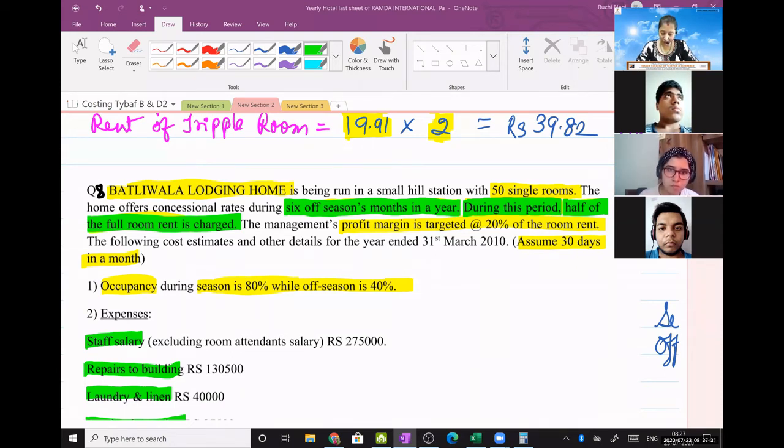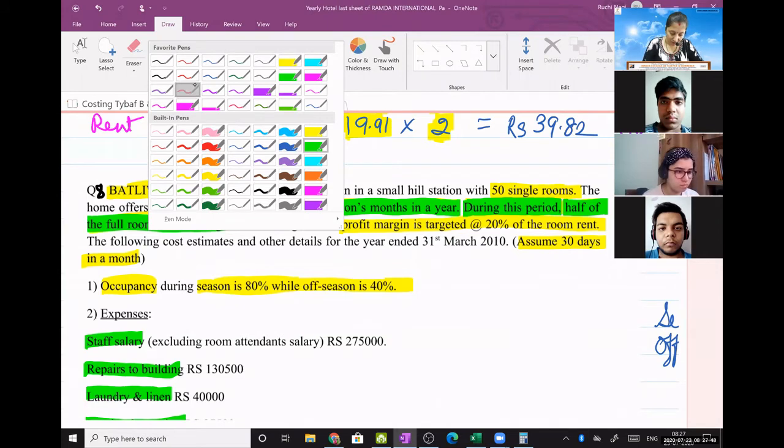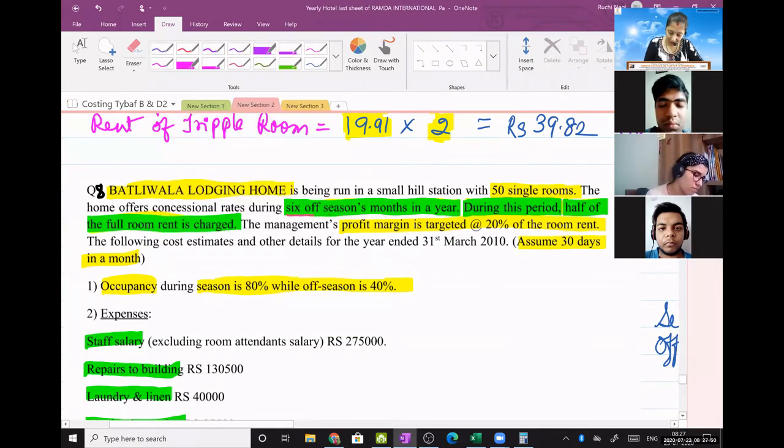Very good, Shali. Yes, Shreya, Aryan, Pranati, they are talking about the 6 off-season months. Next, management profit margin is targeted at 20% of the room rent.